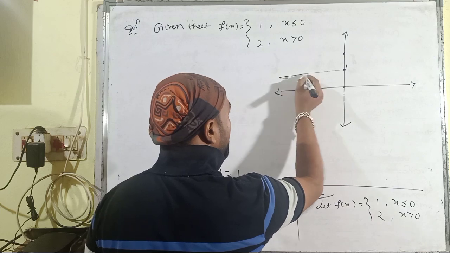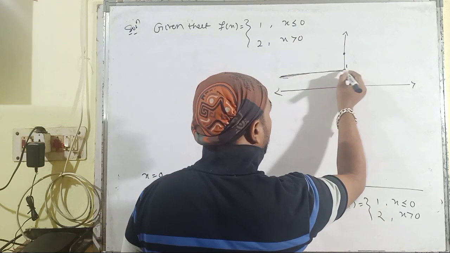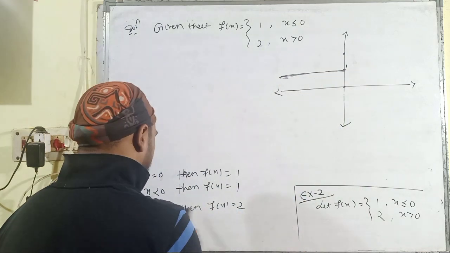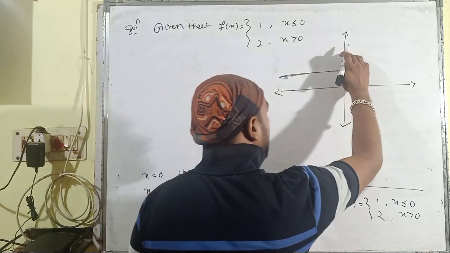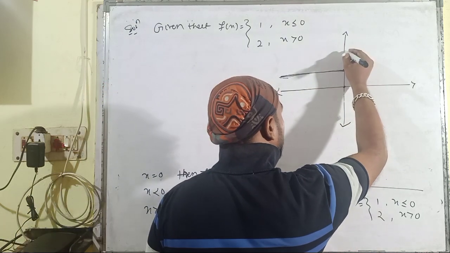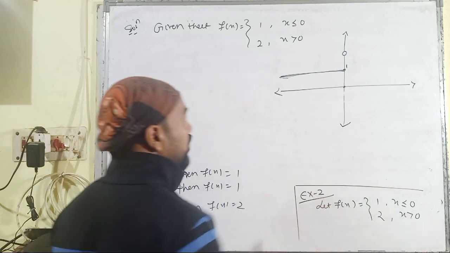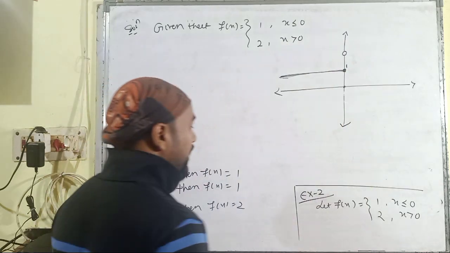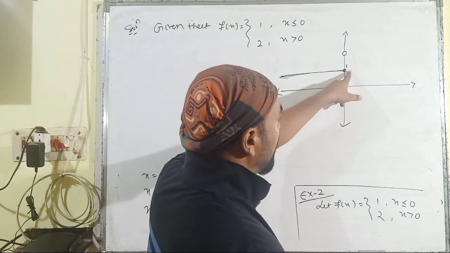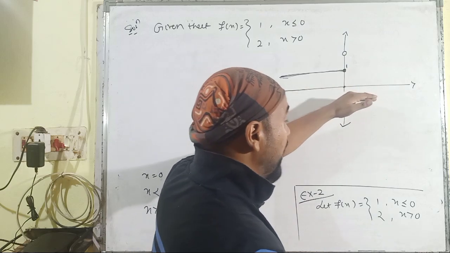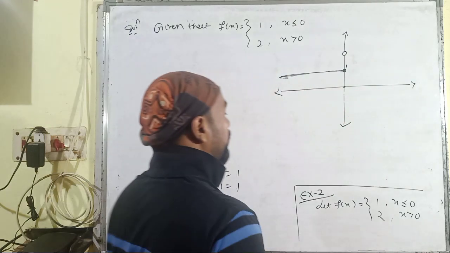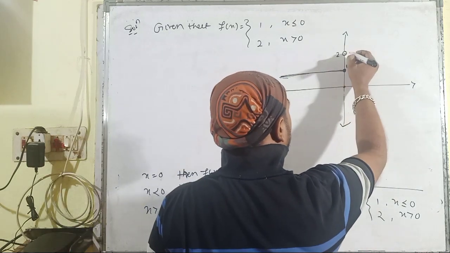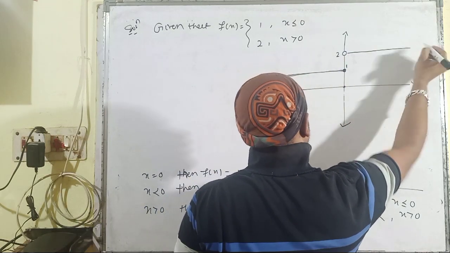That means towards the left hand side. But when x is greater than 0, we cannot include this point, because this point has already been included here. When x is equal to 0, f of x is equal to 1. When x is greater than 0, f of x is equal to 2.